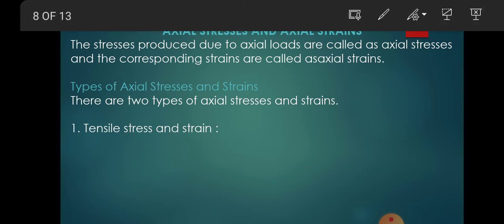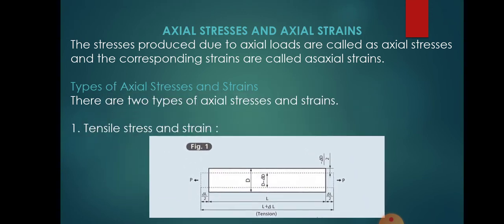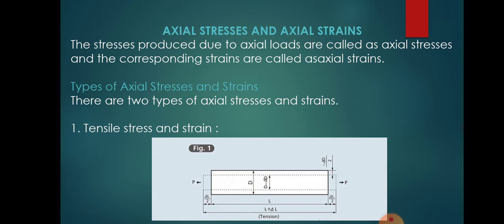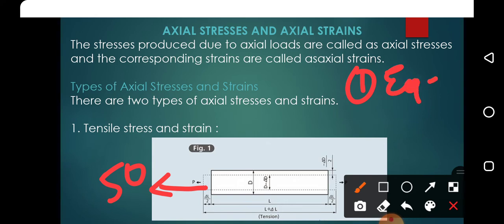What is tensile stress? First we look here, tensile stress. Here it is a member. You should keep in mind two points whenever you define tensile stress. The first point is equal magnitude, meaning here 15 Newton, and here also 15 Newton is acting, equal in magnitude.